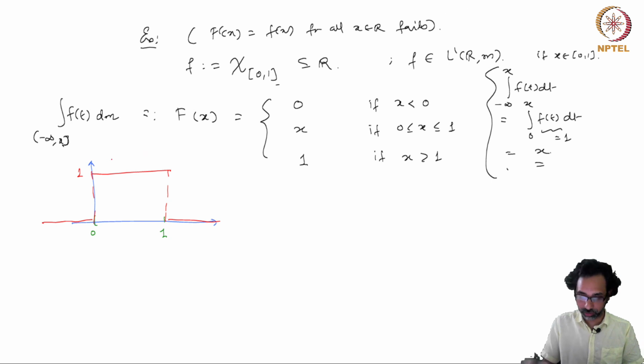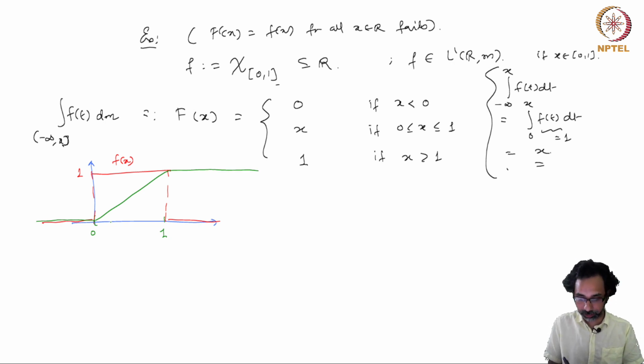But this is f of x, small f of x. For capital F of x it is 0 for values of x between minus infinity and 0, then it becomes x in the range 0 to 1, and then it becomes 1 outside.